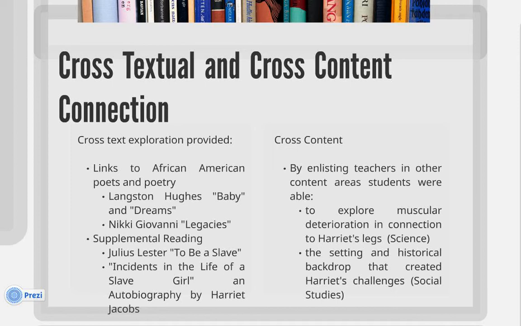Nikki Giovanni shared a poem called Legacies, and there was a connection that the students could make, almost an allusion to Harriet's hiding. Supplemental reading, she also shared Julius Lester's To Be a Slave, and Incidents in the Life of a Slave Girl, which is an autobiography by Harriet Jacobs.